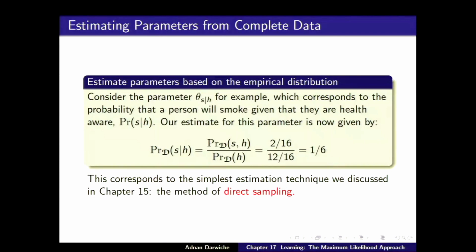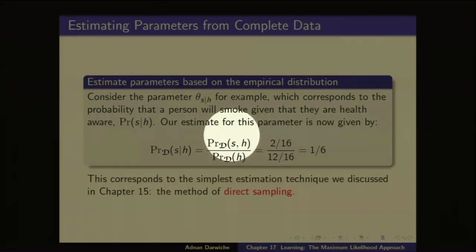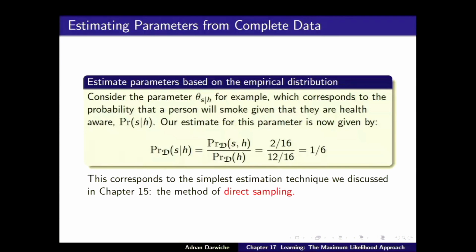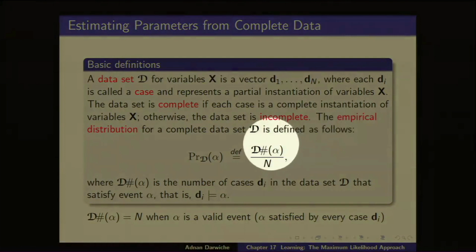And according to this, you just compute that according to the empirical distribution. That is, you compute the empirical probability of S and H divided by the empirical probability of H. And according to this, you get 1/6. You can get these estimates by doing a single pass over the data set.